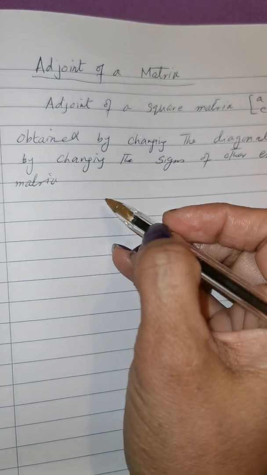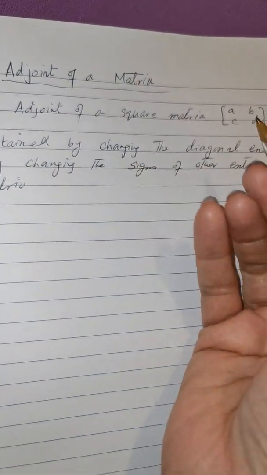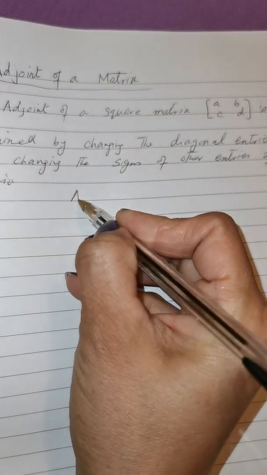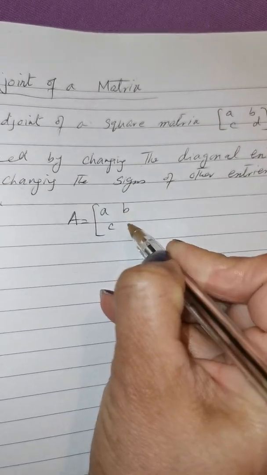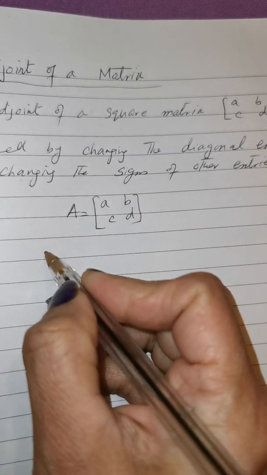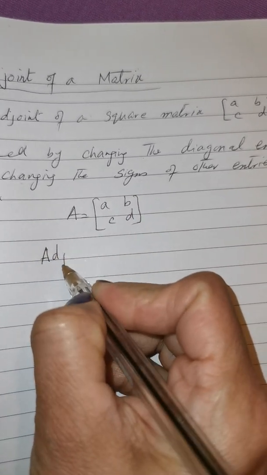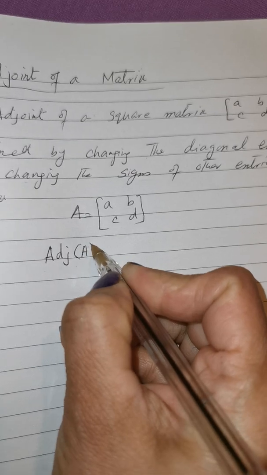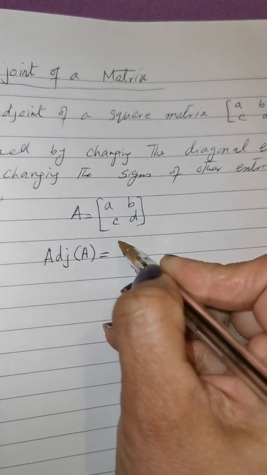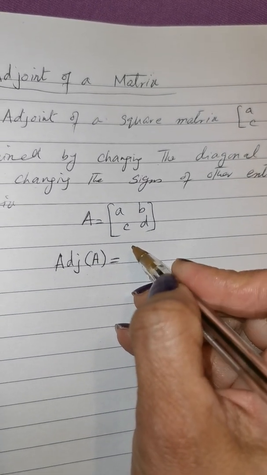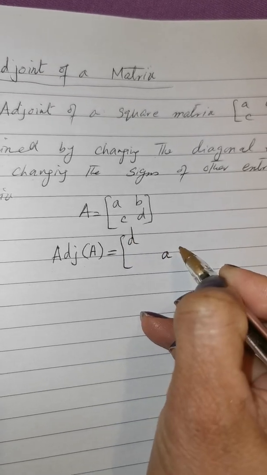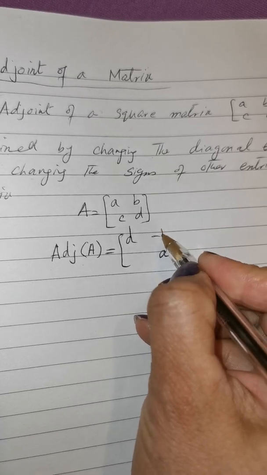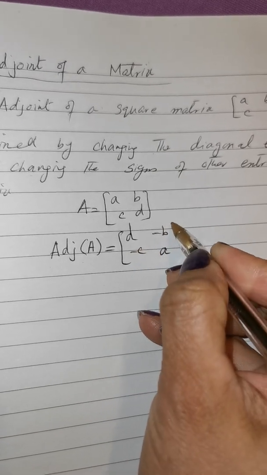The adjoint of a square matrix is obtained by changing the diagonal entries and by changing the signs of the other entries of the given matrix. For example, if I want to find the adjoint of this matrix A, which I have written earlier, a, b, c, d, then the adjoint of A, written as ADJ for adjoint, will be found by writing d, a, changing the diagonal entries, and by changing the signs of the other entries.